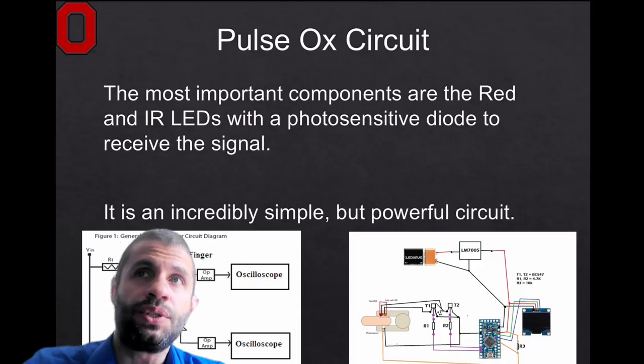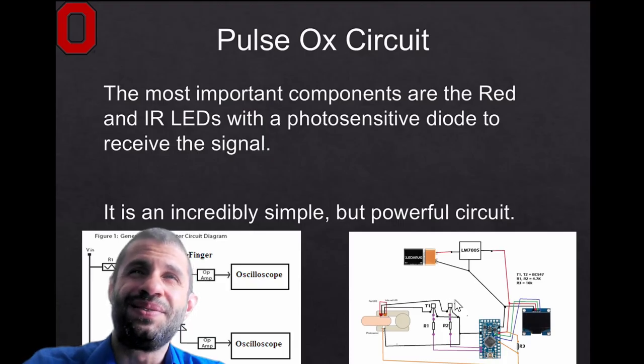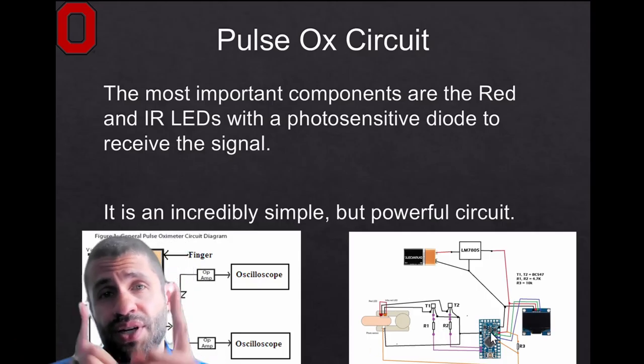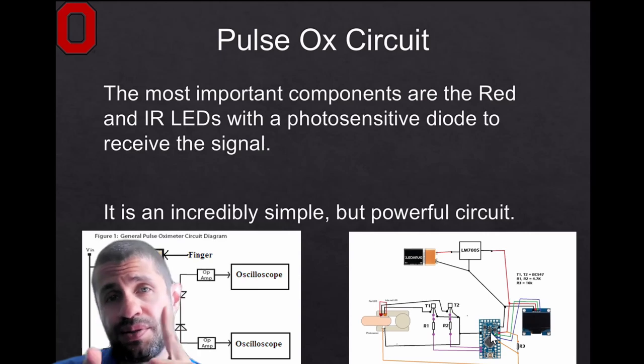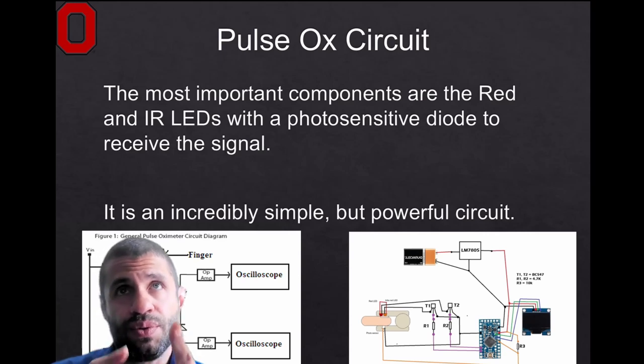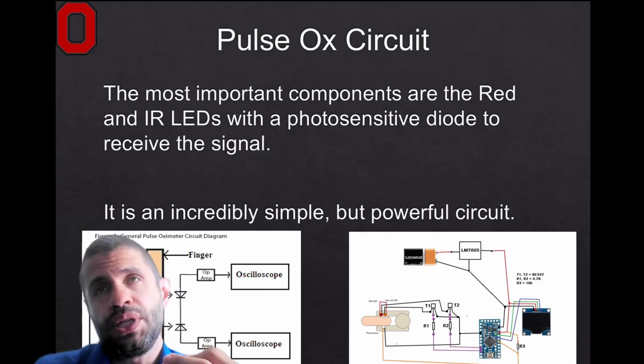Not even these switches, which are, I'm blanking on the name for this component. You only really need a resistor to not overload your LEDs and an Arduino, so you can alternate the light and measure your signal. So it is an incredibly simple circuit.